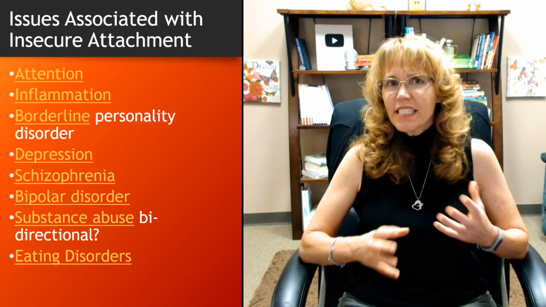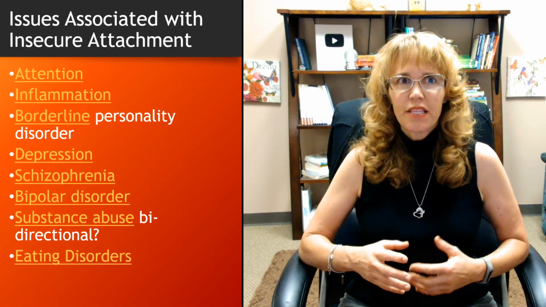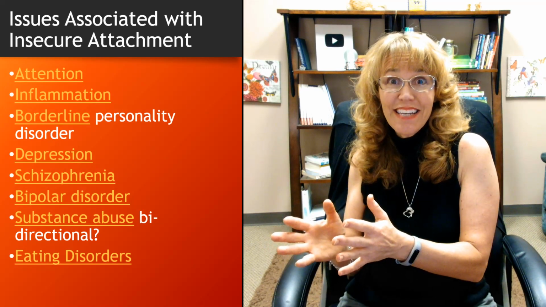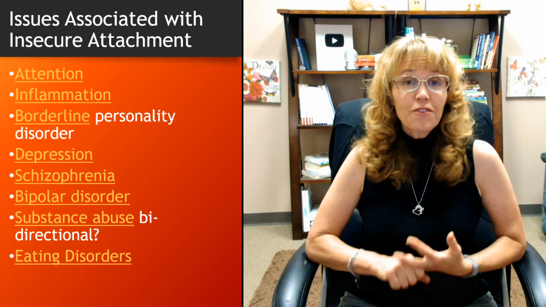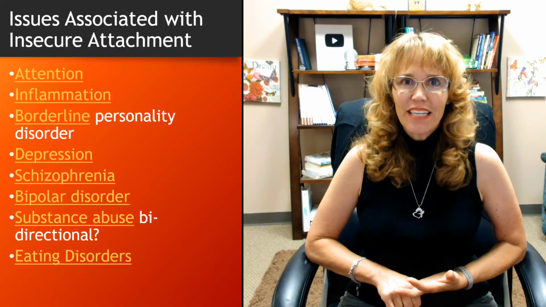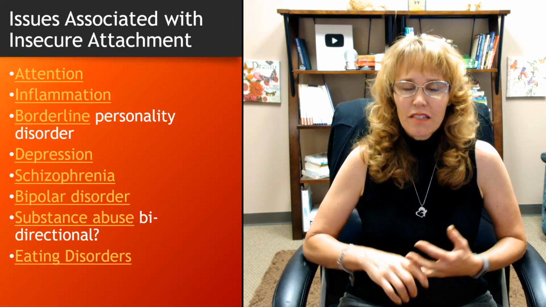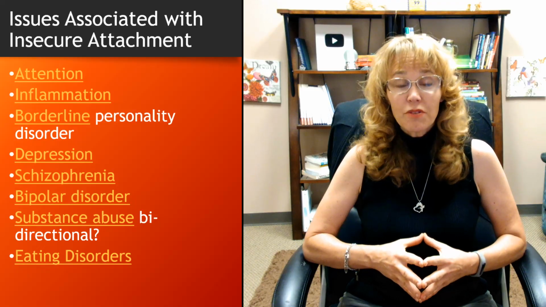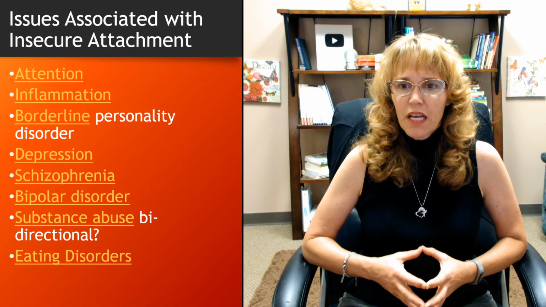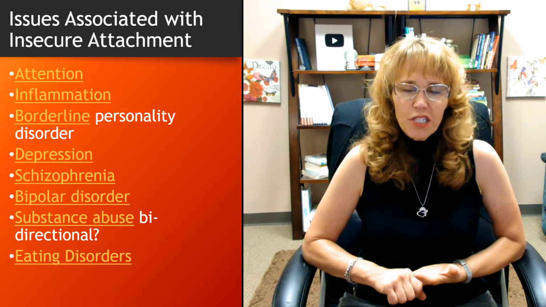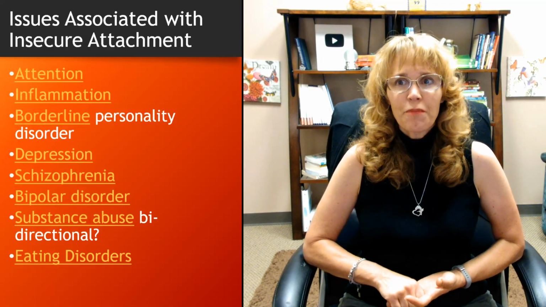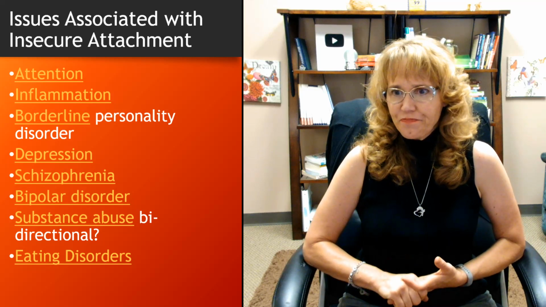And when you look at the criteria for borderline personality disorder, going from I love you to I hate you, the switching in relationships, the difficulty with emotional regulation, well, both of those things are things that we learn when we have secure attachments. So it makes sense that someone without a history of secure attachment may develop compensatory strategies. Depression, schizophrenia, and bipolar disorder are all associated with neuroinflammation, systemic inflammation, and insecure attachment.